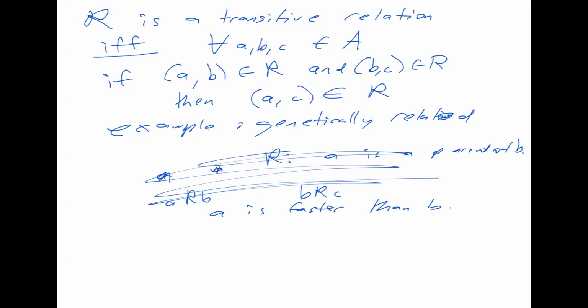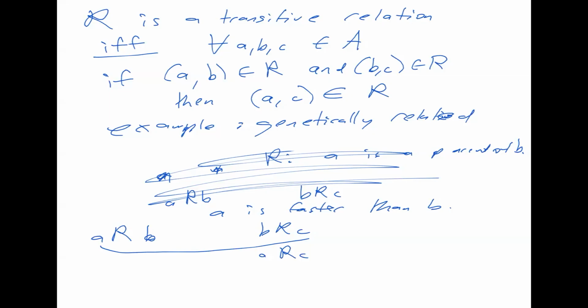So if A is faster than B, we could say A is related to B. That means A is faster than B. And if B is faster than C, we'd say B is related to C. So if A is faster than B and B is faster than C, then would it be possible to draw the conclusion that A is faster than C? Yes, that would be logical. Because if A can run faster than B and B can run faster than C, then obviously A can run faster than C too. So running faster would be a transitive relation.